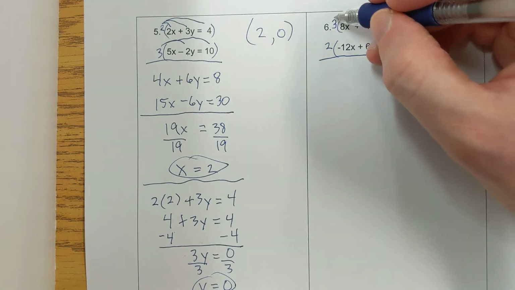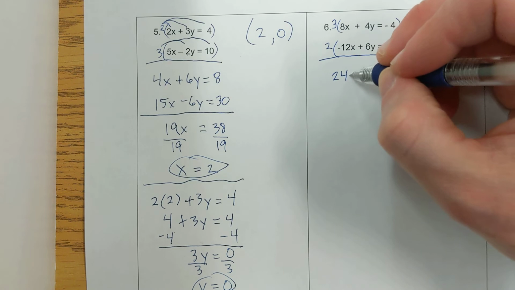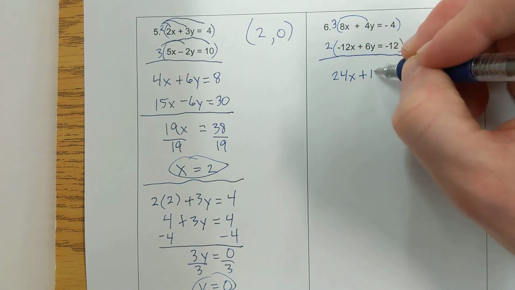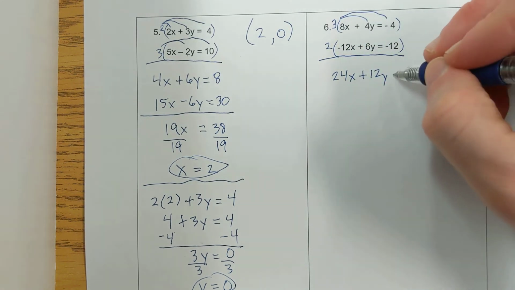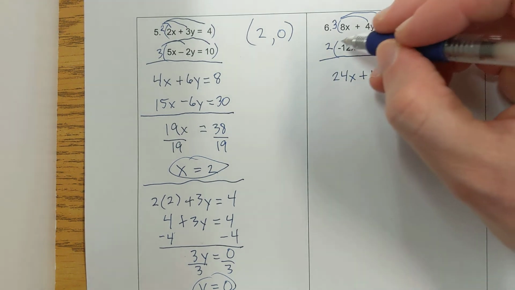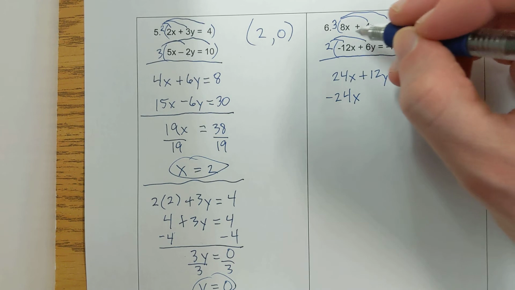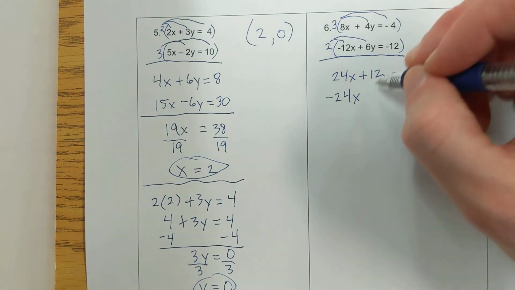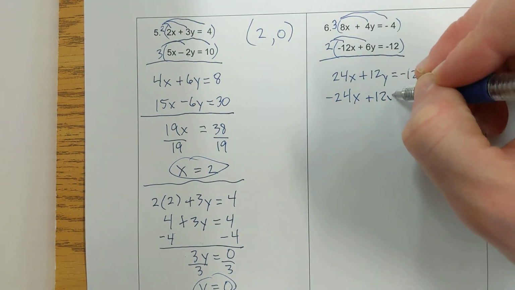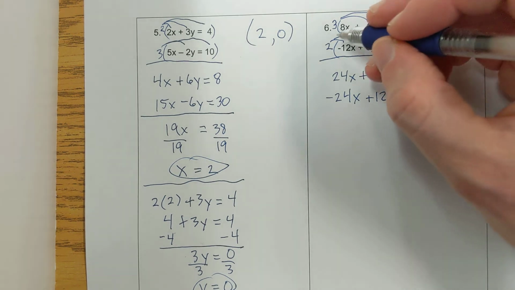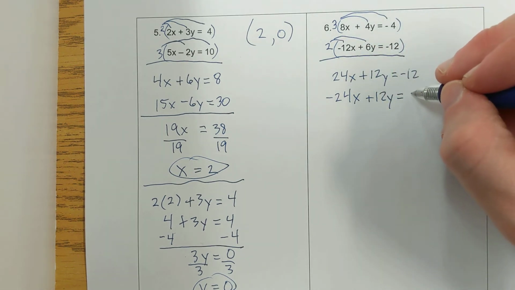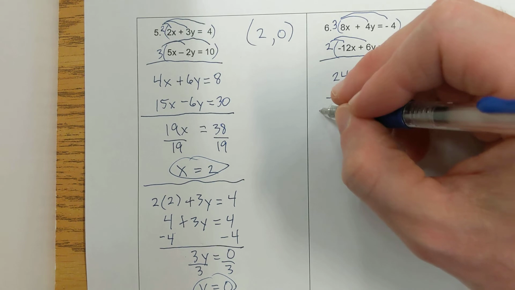All right, so I go ahead and distribute. I get 24x. I get plus 12y. And over here I get equal to negative 12. In the second one, I'm going to get minus 24x, which creates what we want right there. I get plus 12y actually for that one. And then 2 times that, I get a negative 24 right there.